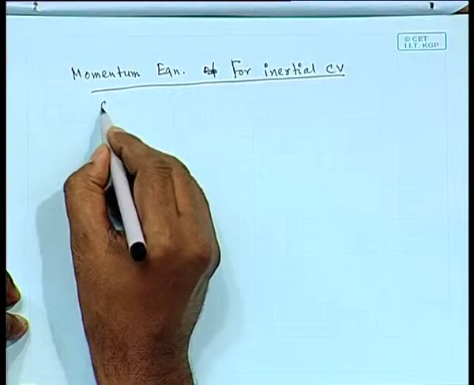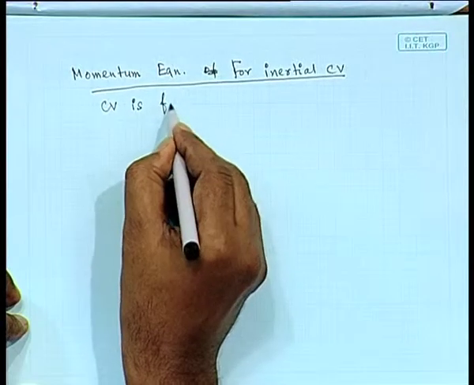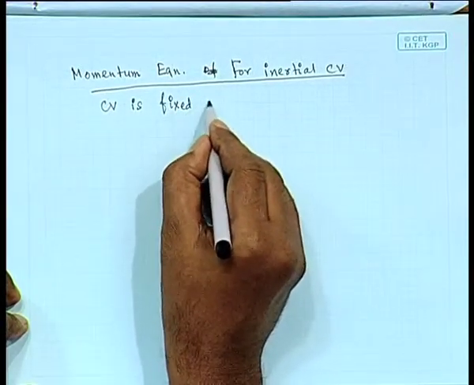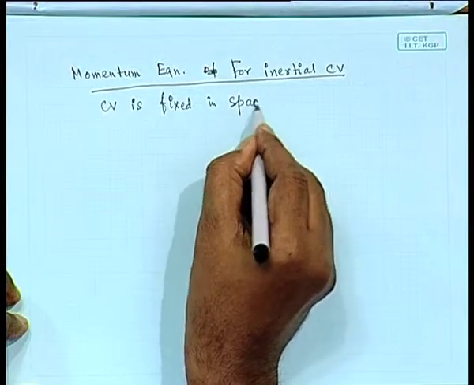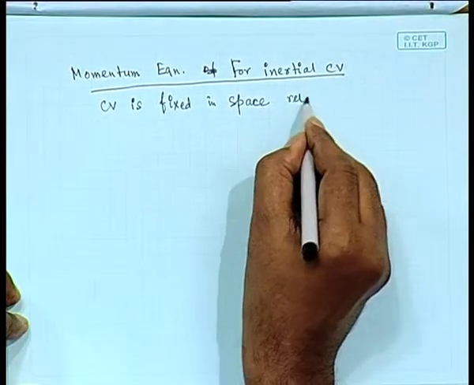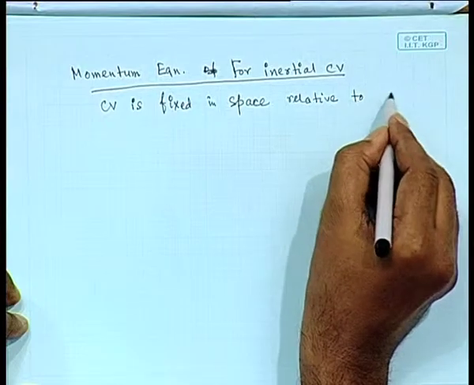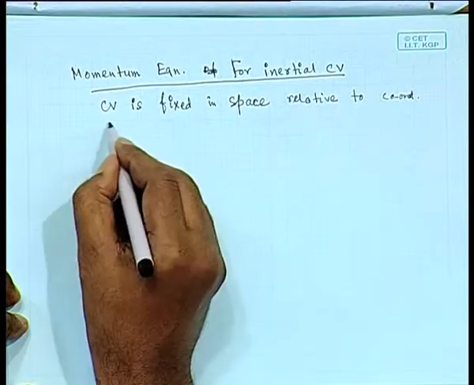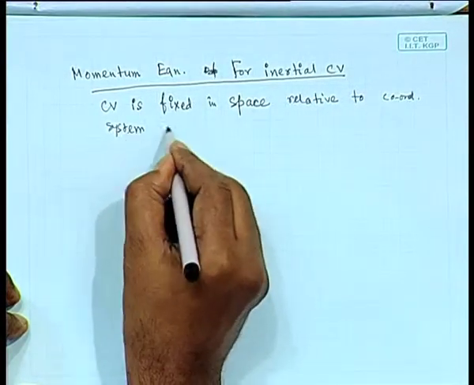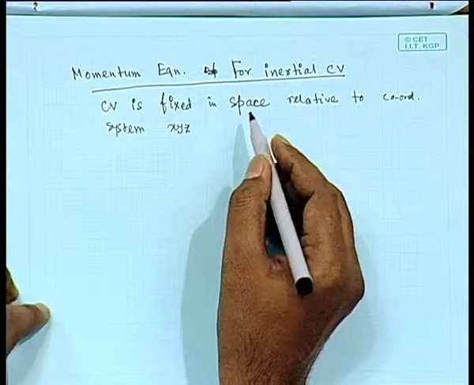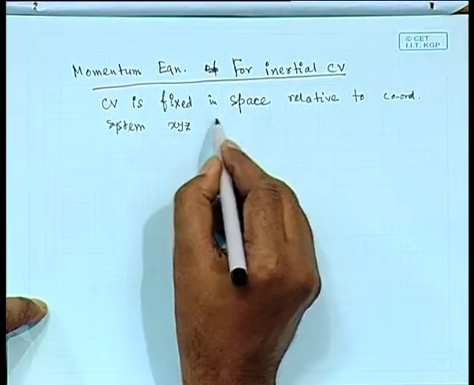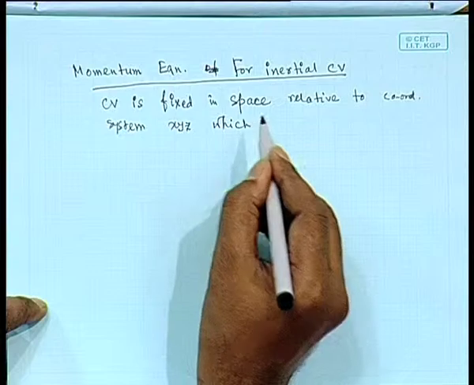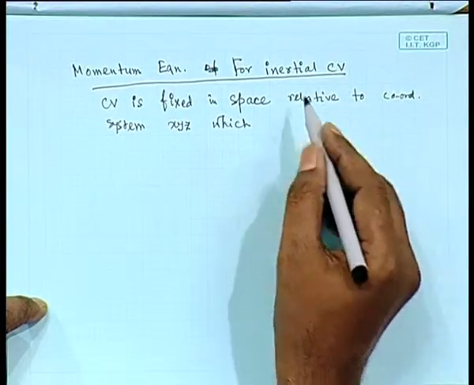So, all the velocities will be the relative velocity. Now, the first one will be considering a stationary control volume.